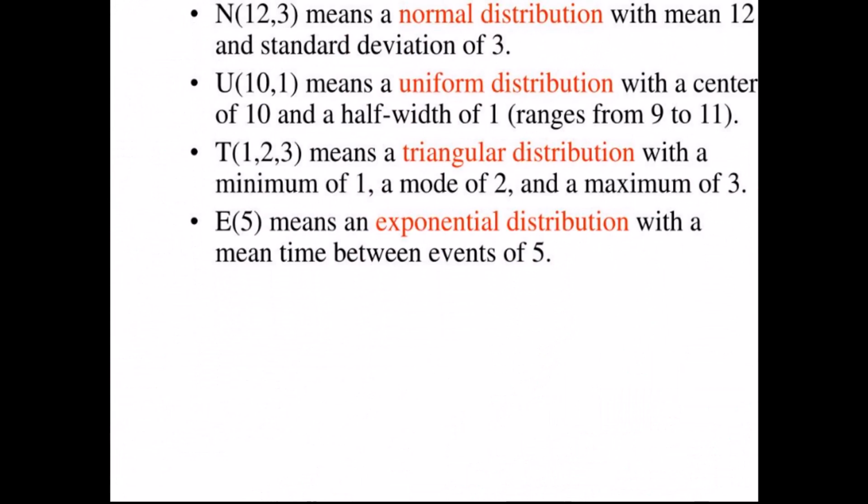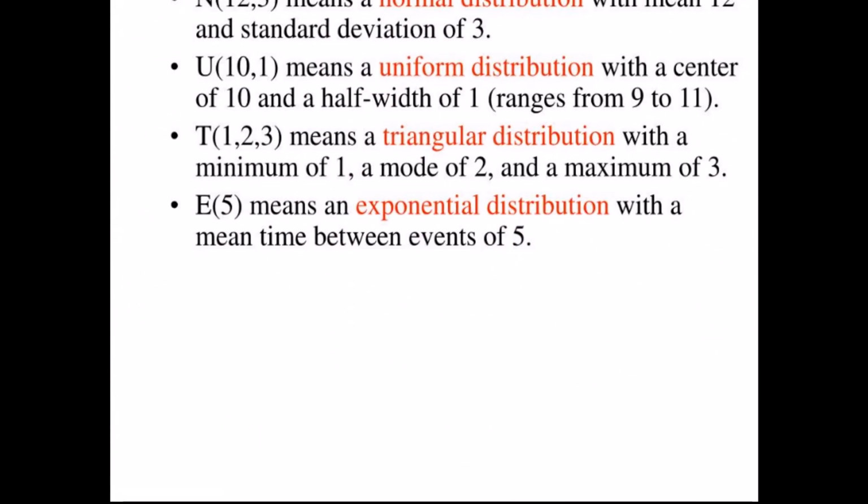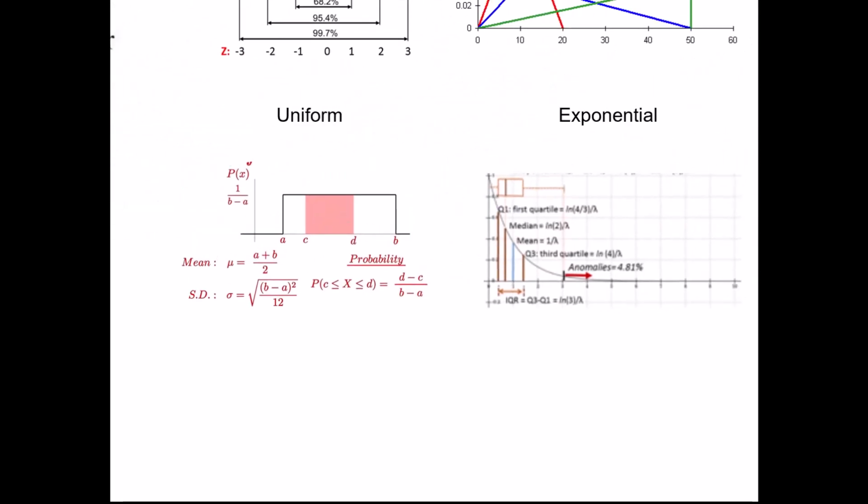And then the exponential distribution is usually applicable for arrivals. So 5 means a mean time between events, a mean of 5. The exponential distribution looks like this. The mean will fall here, and sometimes you can have more or less, but this occurs through time.